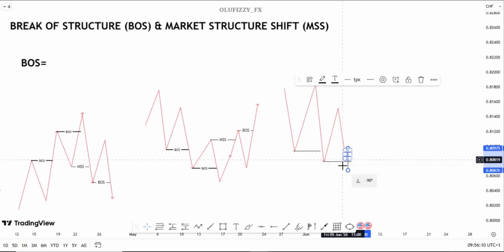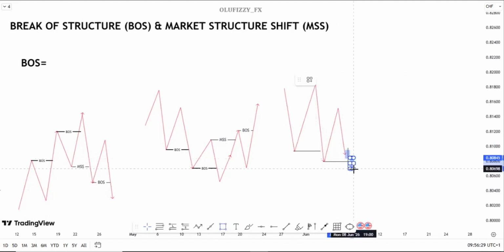Price just clears some liquidity below this low and closes back inside this structure. So this is not a true break of structure until price breaks this low with the body of a candle. That is when you have a true break of structure.